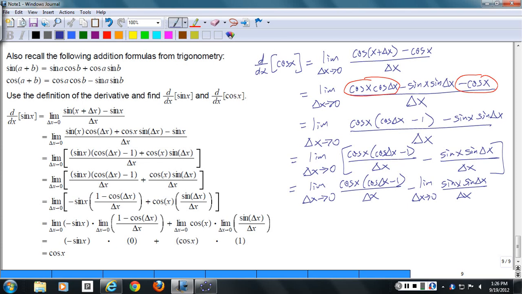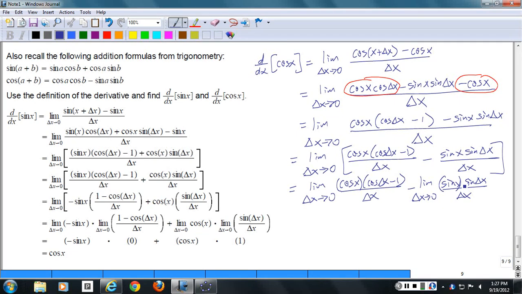It's yet to be seen if those limits exist, but I believe they do. And now, as delta x approaches 0, x itself is not going anywhere. It's just hanging around at x. X might be some number. It could be the cosine of pi over 2. X does not depend on the value of delta x. So the expression cosine x here and sine x here can be passed through those respective limits because they don't change when delta x changes.